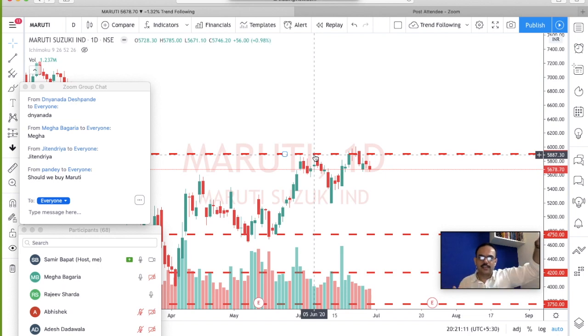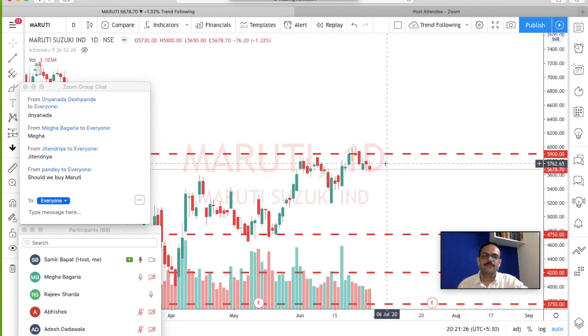And this trajectory of 15% above each level, I have given basis our average growth rate of the good companies in India. So that's how I have come to this suggestion that we can take 10 to 15% of difference between the support and resistance. Fine?